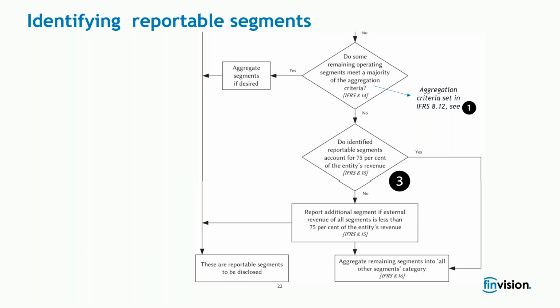So the remaining part, which then can be combined in an all other segment, can only consist of 25% of the revenues. So as said in the beginning, revenues is clearly the starter of the driving.